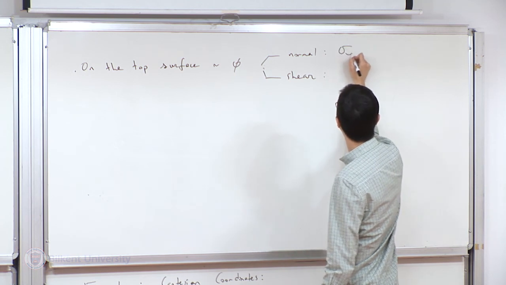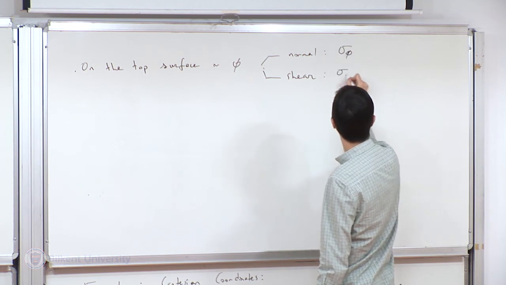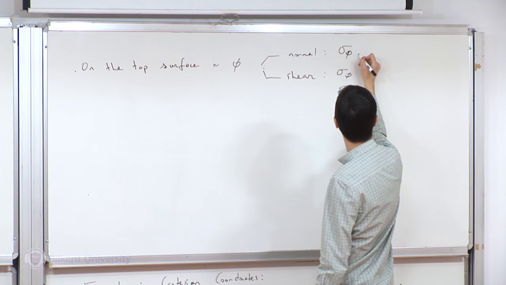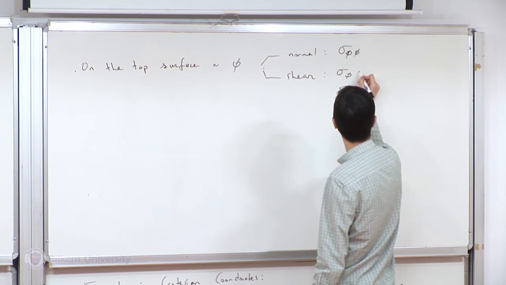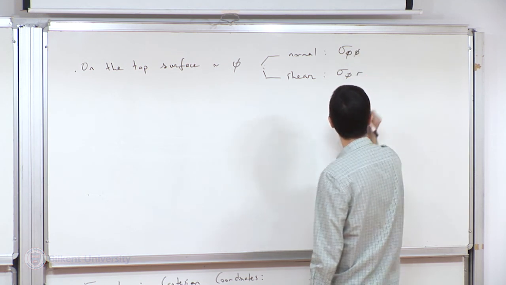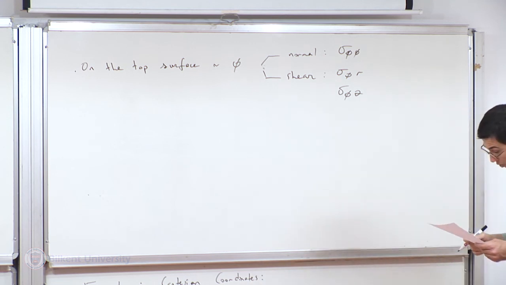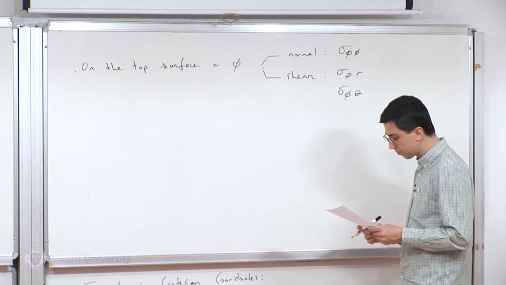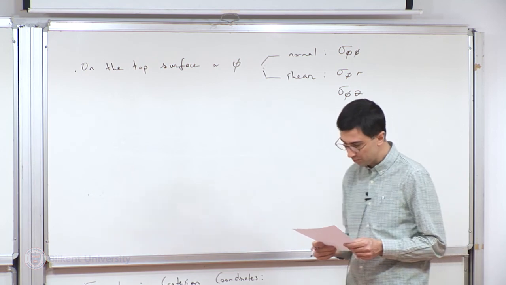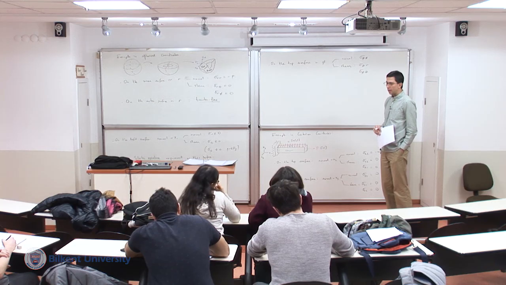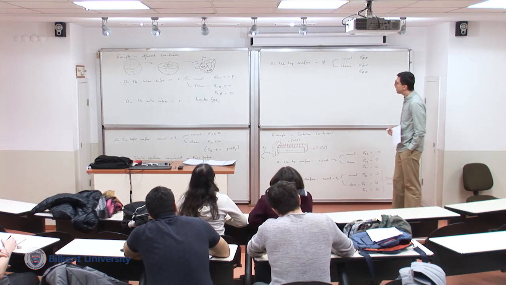So sigma_phi phi is the normal one, which has the same index, and then sigma_phi r and sigma_phi theta would be the shear components. Okay, so is anything zero?